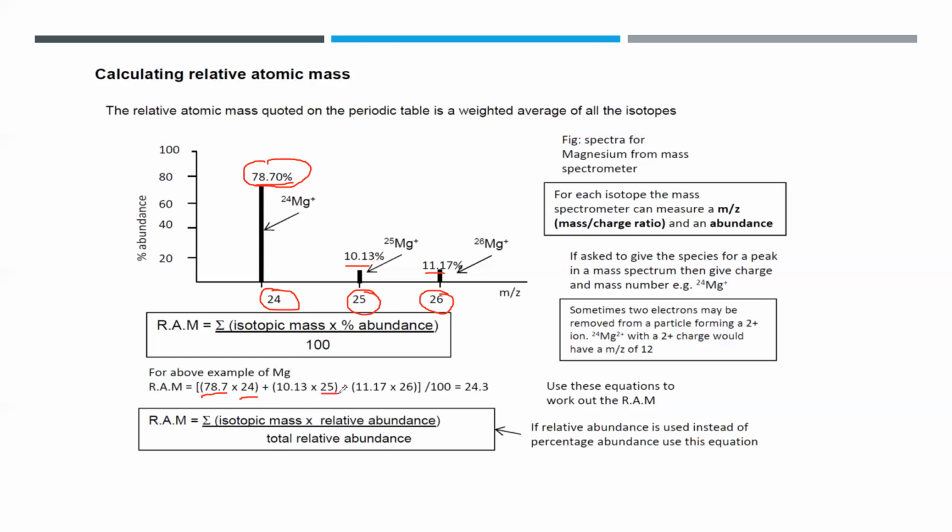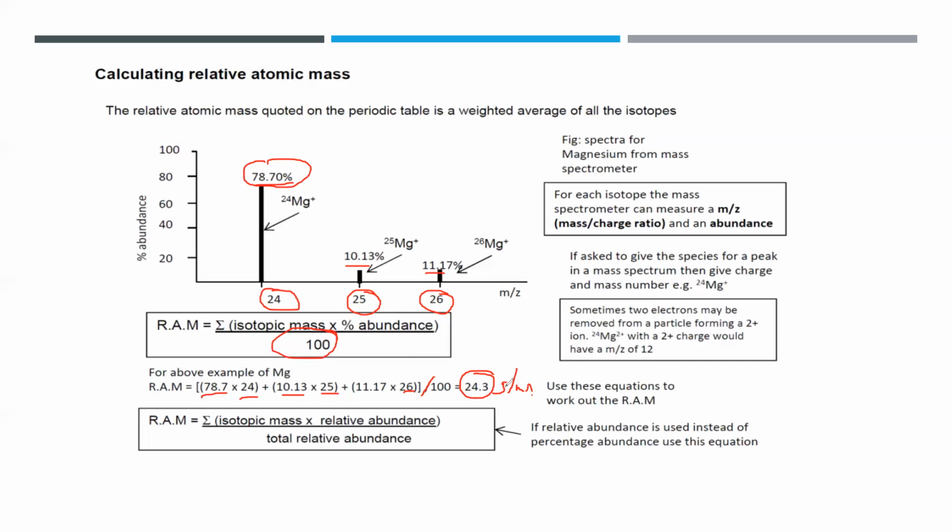It is 25, and the percentage is 10.13. And the third one, 26, multiplied by the percentage, 11.17. And then that total is divided by 100, because the total percentage is 100. So we'll get 24.3 grams per mole, which is the relative atomic mass of this magnesium sample.